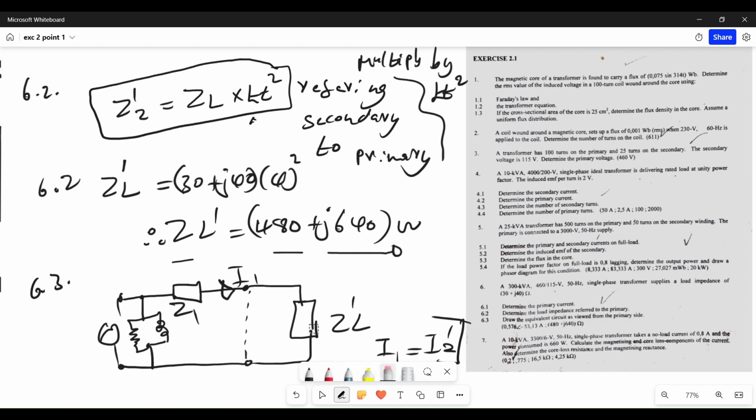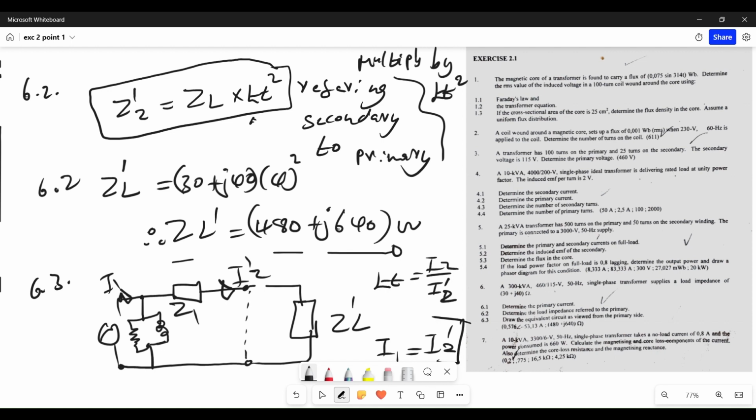If you had the magnetic circuit, the current after the magnetic circuit, I1, was going to be here, but here was going to be I prime 2. So you usually say I2 over I prime 2 because you have the magnetic circuit.